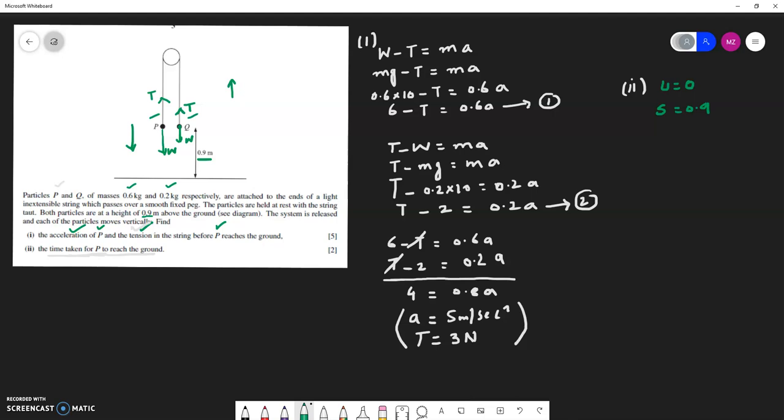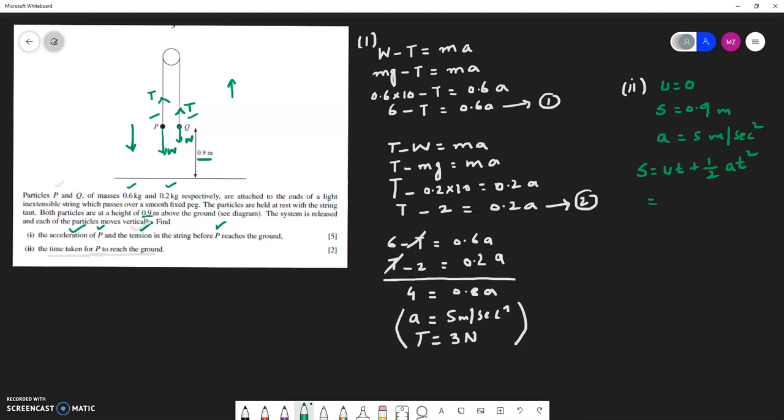Now we have already found that the acceleration is 5 meters per second square. So we will use this data to calculate the unknown value here, which is the time taken. We will use s is equal to ut plus 1 over 2 at square.